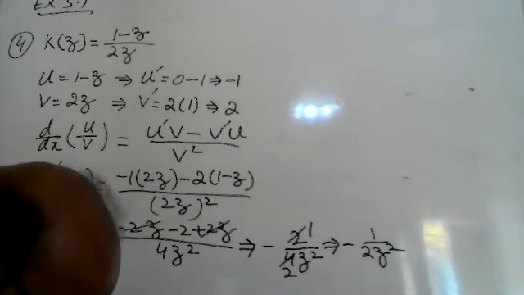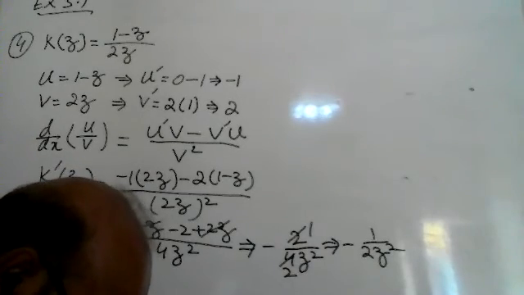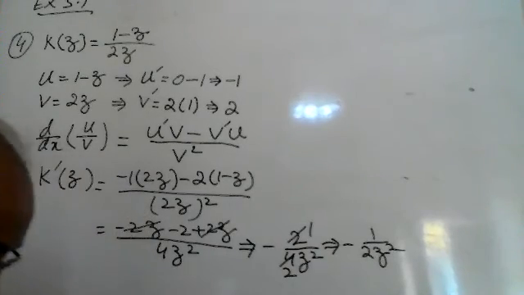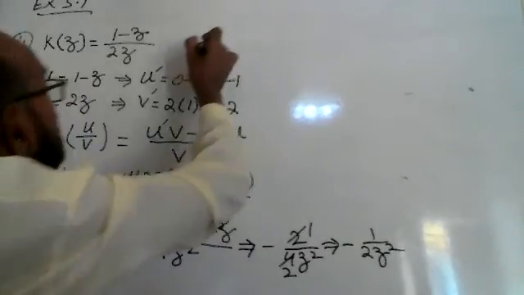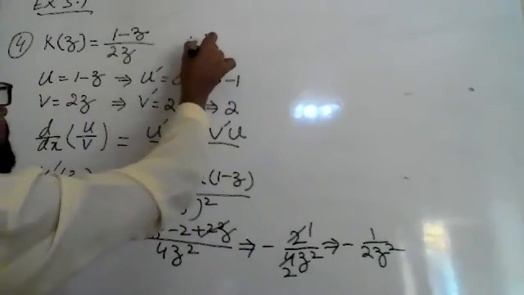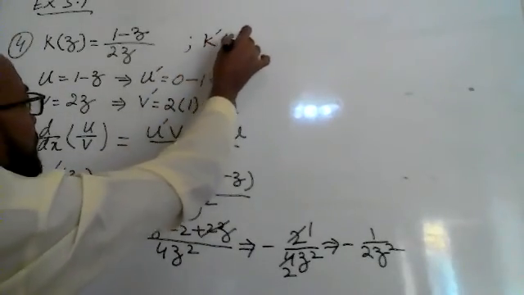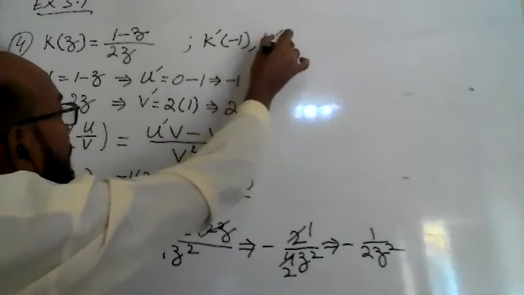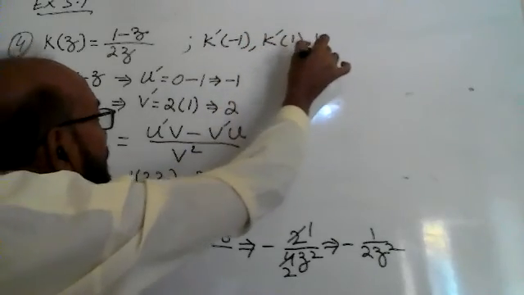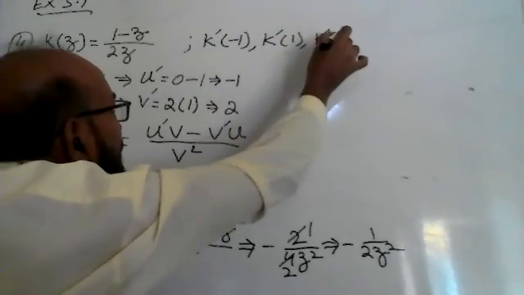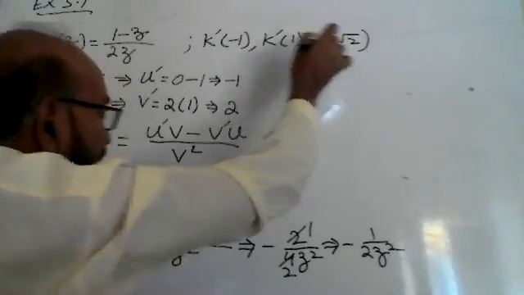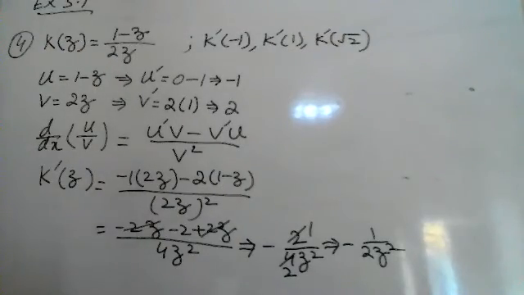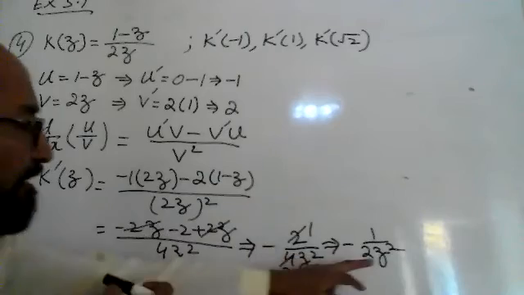It is written k dash minus 1, k dash 1, k dash under root 2. So we put the value of minus 1.